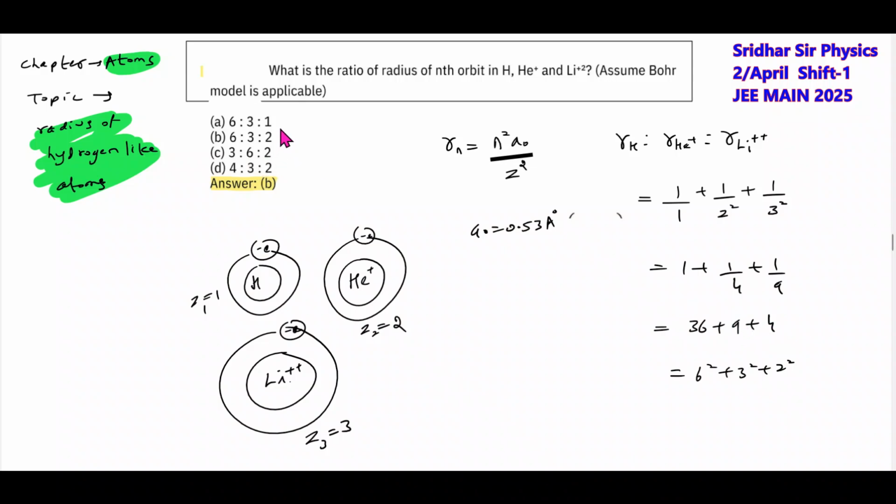Option B will come. 36 is to 9 is to 4. Okay, fine. Some calculations are there. These are the formulas which you have to remember.